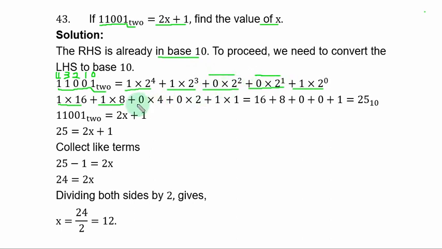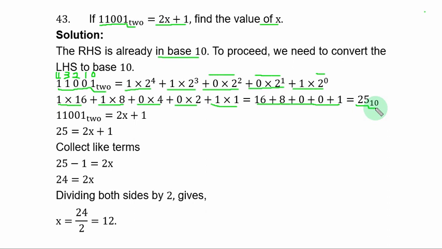That is okay. So we still have 0 times 4 for 2 square, 0 times 2, then 1 times 1 because 2 power 0 is 1. So we have 16 plus 8 plus 0 plus 0 plus 1, and that is 25 base 10.